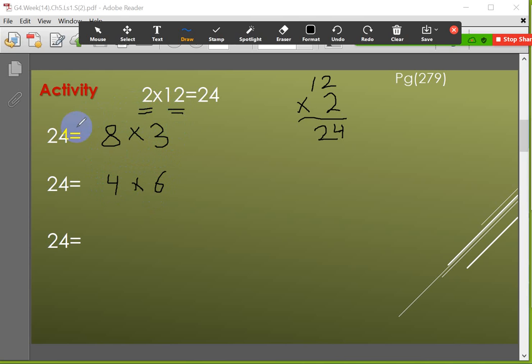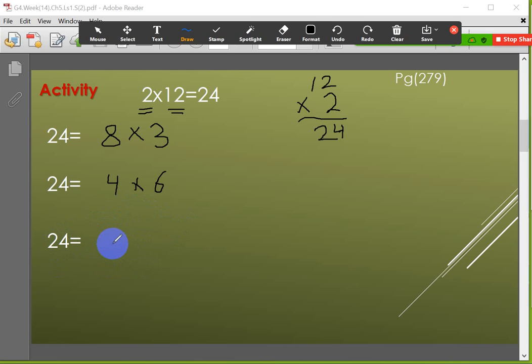All those numbers are factors for 24. Okay, now I have the last 2 factors. Who will tell me? Any whole number greater than 1 has at least 2 factors, the same number and 1. What does that mean?